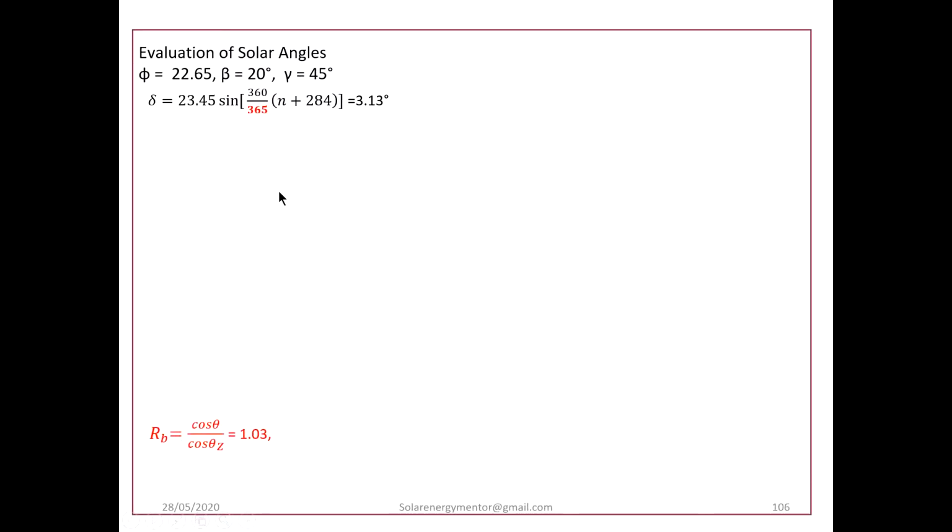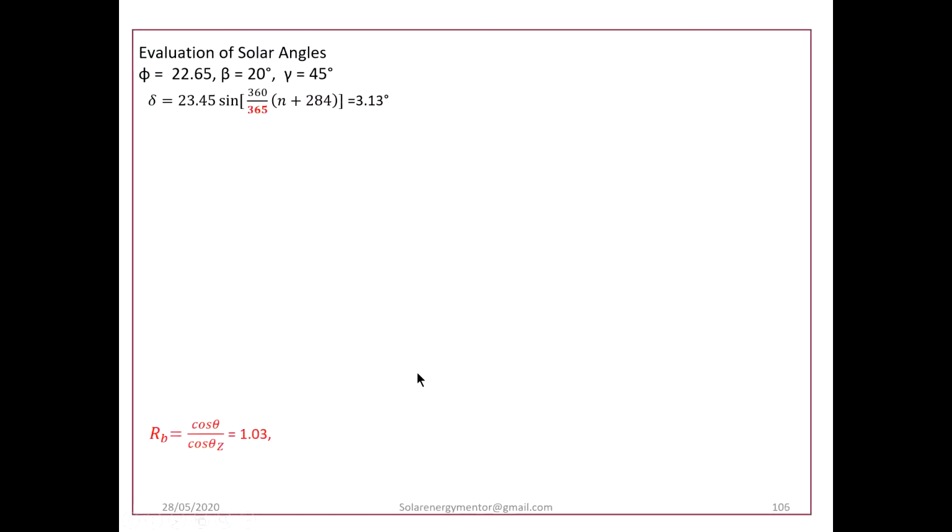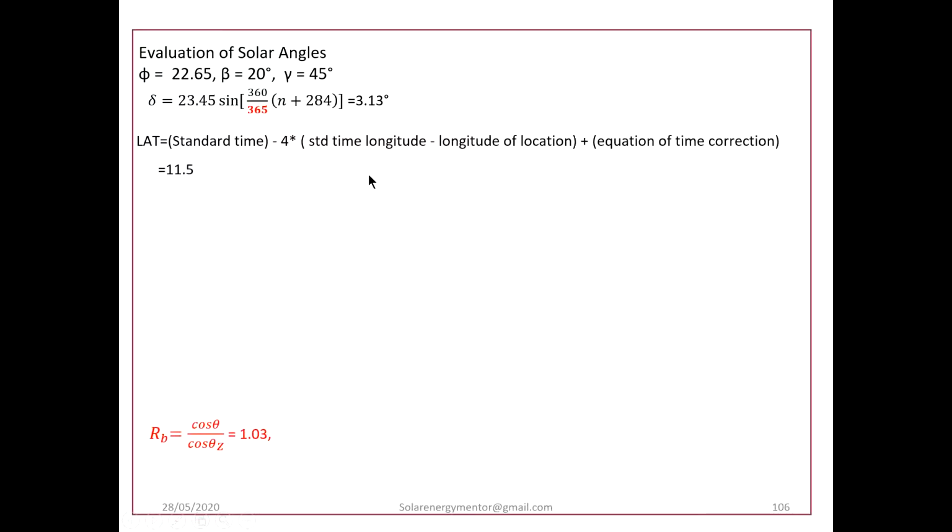So for evaluation of this, we need to calculate IT first. So the solar radiation intensity falling on a collector. Phi, the latitude, is given, slope is known, azimuth is given. So the declination angle delta corresponding to September 13 can be calculated. This is 3.13.